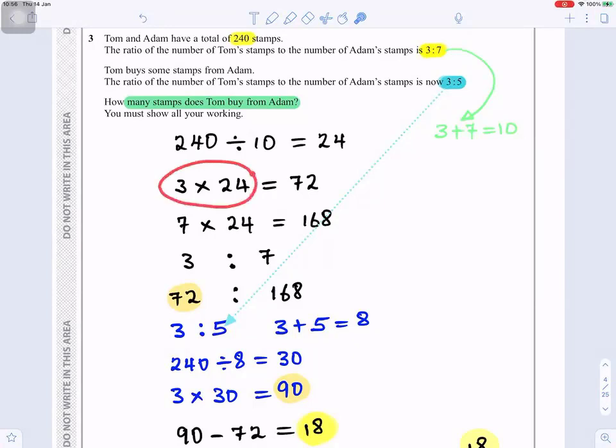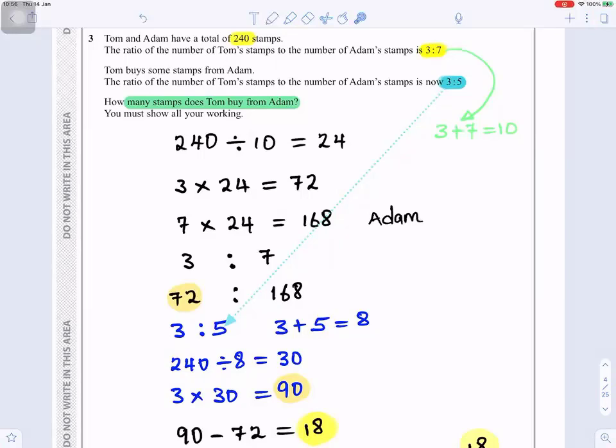So 3 times 24 gives you 72. That means Tom had 72 stamps in the beginning. And how many stamps did Adam have? 7 times 24, Adam had 168 stamps. And that was the ratio for 3 is to 7.